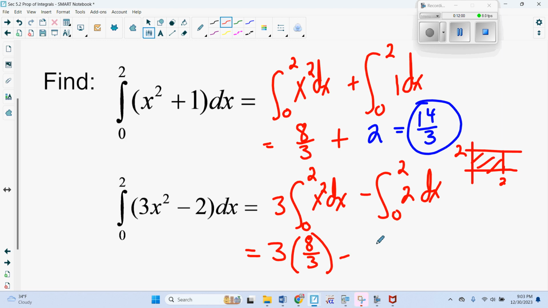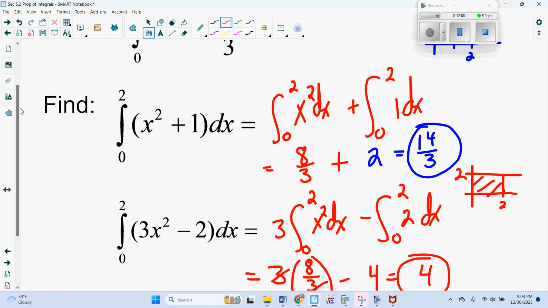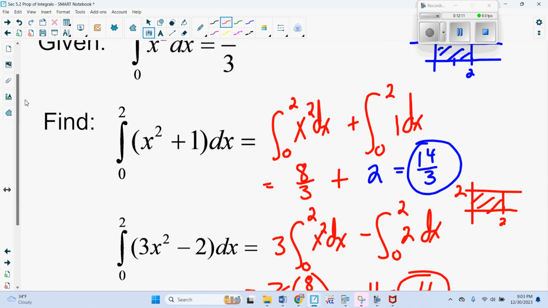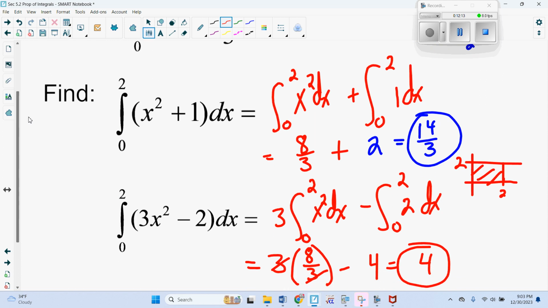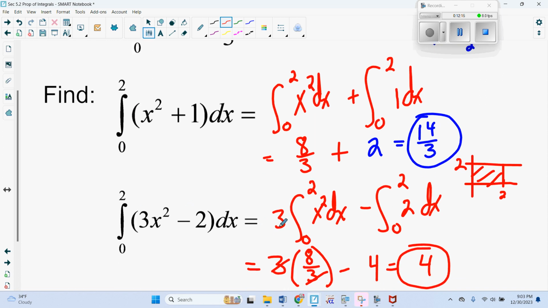That is just 4. So that gives us just 4. So these are examples of how we can just use these properties sometimes to simplify an integral down to something maybe we already know or something that's easier to evaluate.